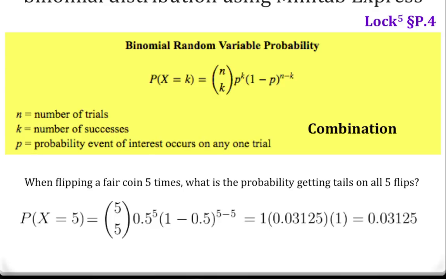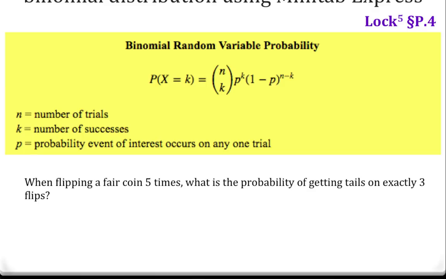Let's look at another example. When flipping a fair coin 5 times, what is the probability of getting tails on exactly 3 flips? Again, n equals 5 because we're flipping the coin 5 times, and p still equals 0.50, but now k has changed.